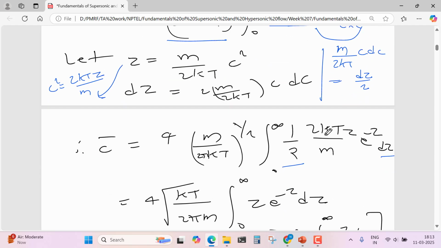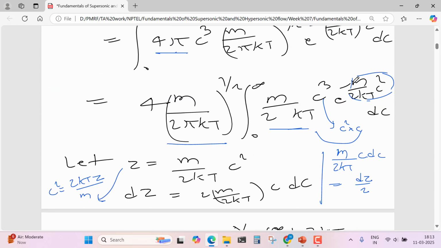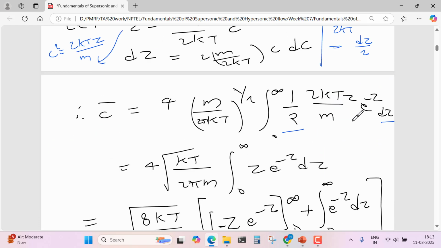So we have replaced it with 2 kt z upon m, and in the power, this term minus m upon 2 kt c square will become minus z. This 2 will cancel, and we will take this kt upon m outside.